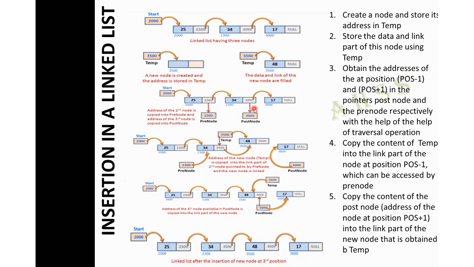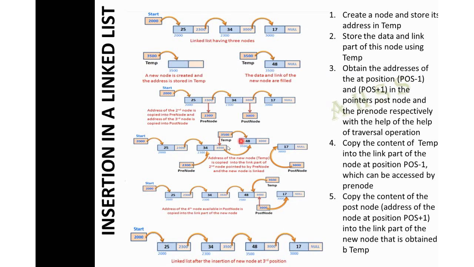We will create a temporary post node and copy that address. Is it clear? Actually, in 34 the address of 17 is placed, but in between 34 and 17 you are going to fix the value of 48.